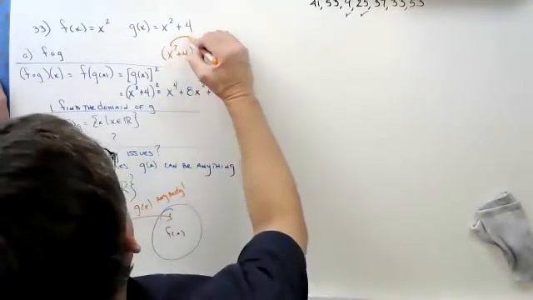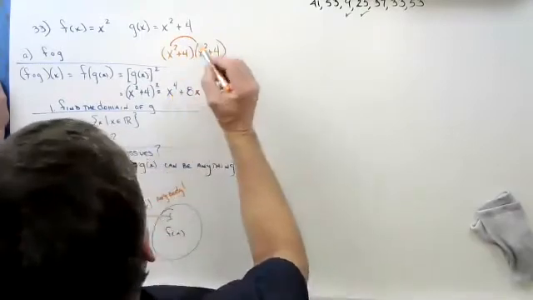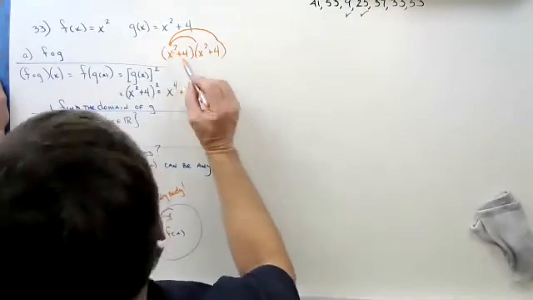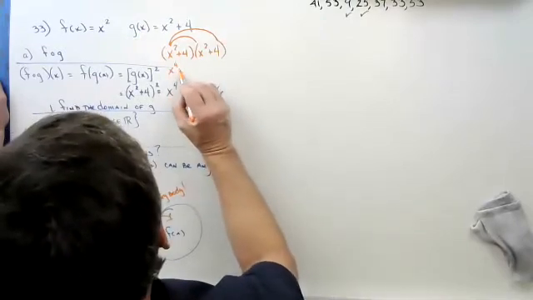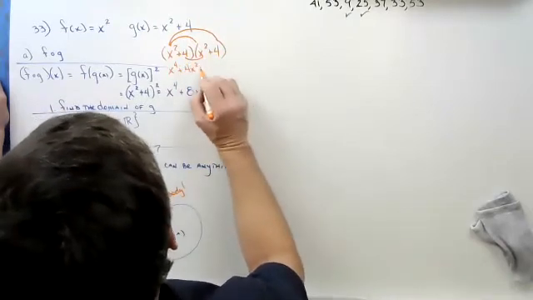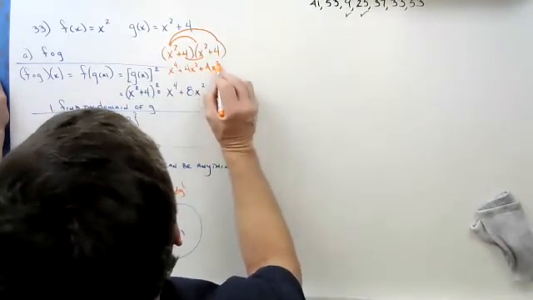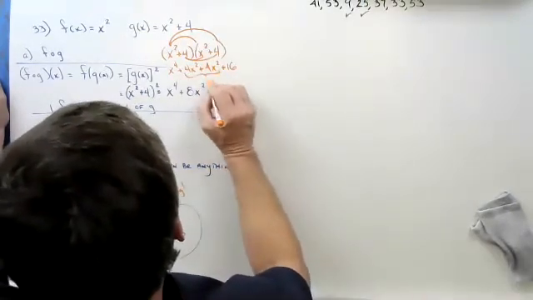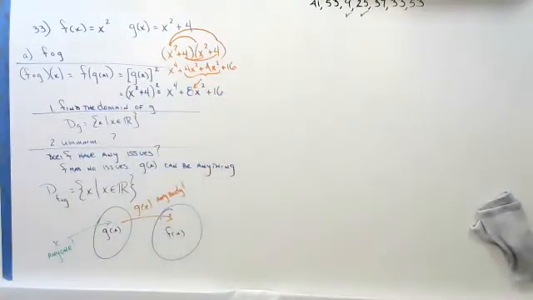This times this gave me my x to the 4th. This times this gave me 4x squared. This one times this one, 4 more x squared. This one times this one is my 16. Okay, thank you. You're welcome.